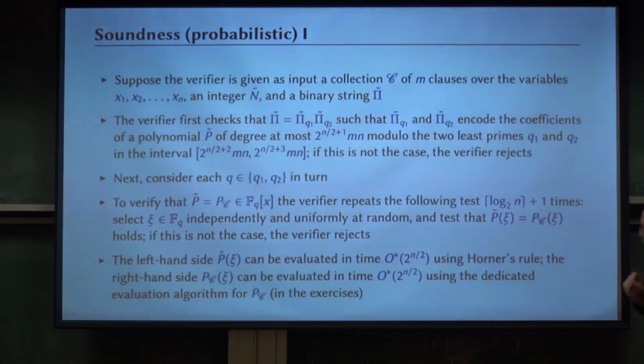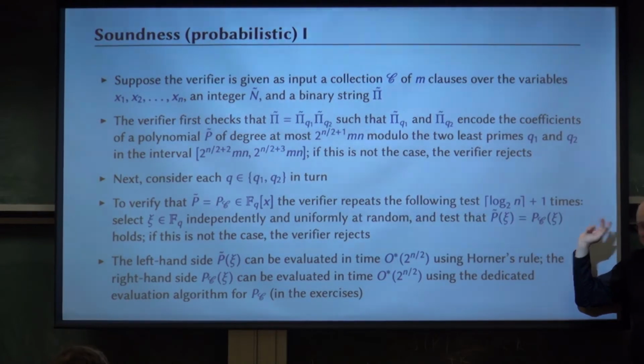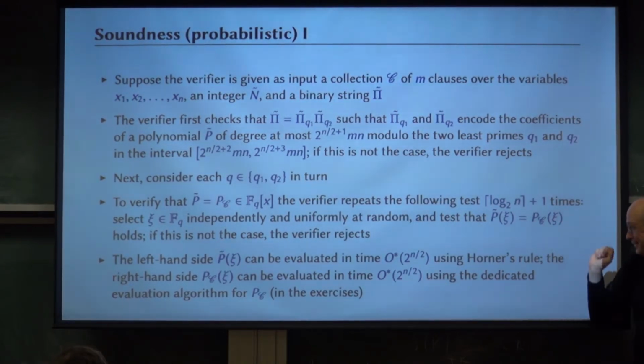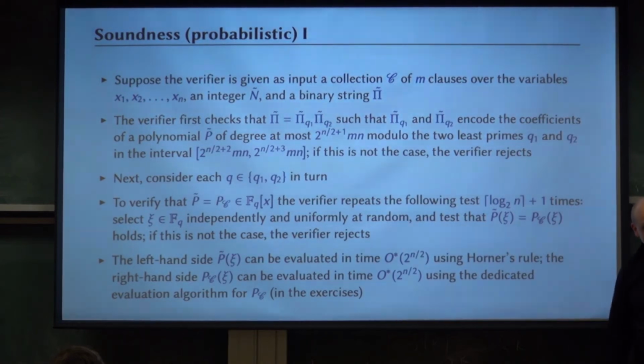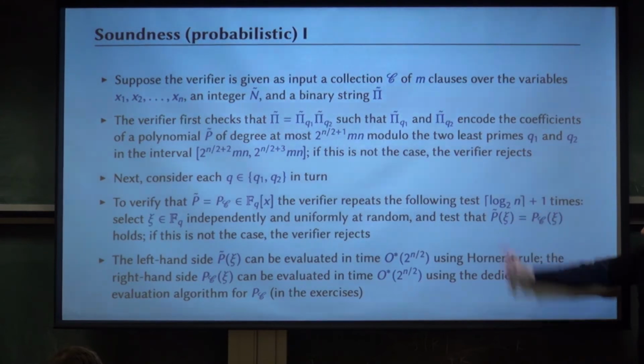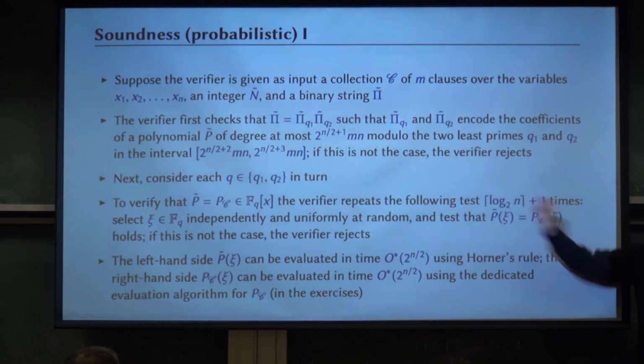If we get inequality here, meaning the equality doesn't hold, then we know that the prover is not in good shape, so we reject immediately. Of course it may be the case that all of these tests pass. But remember, we are using randomness here.